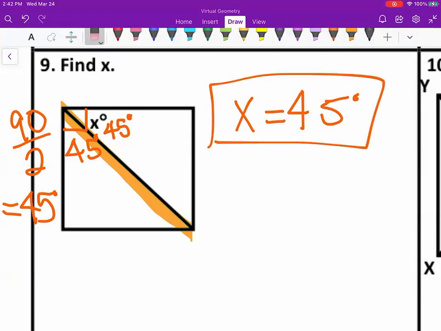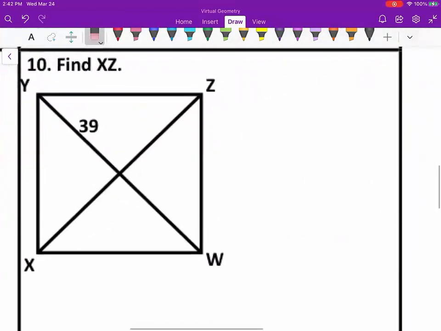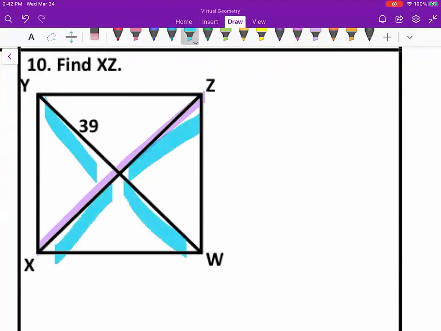Let's try the last one. Example 10. Find x to z. So that is the whole way across. So if I know one piece, again, because this is a rectangle, remember all 4 of these pieces are exactly the same.